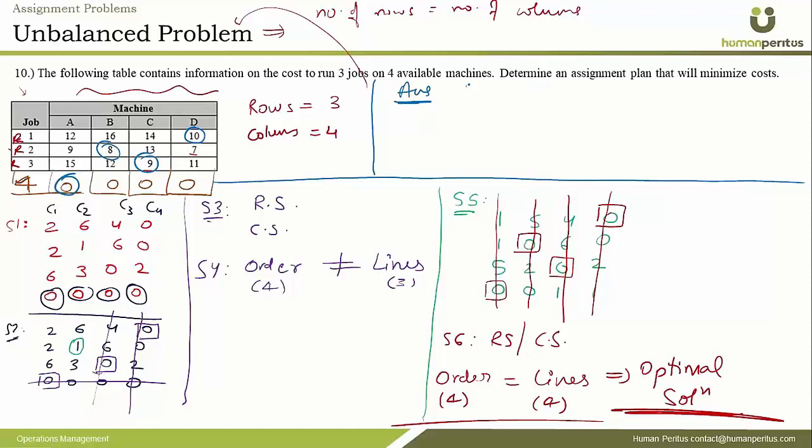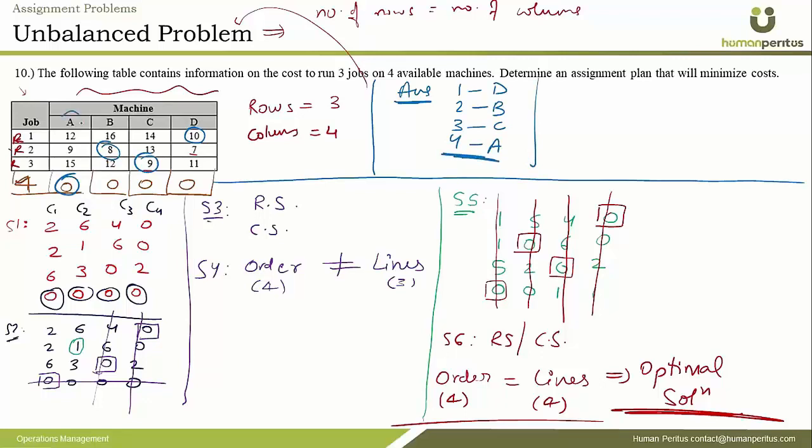Sorry, 1 has been assigned to D. 2 has been assigned to B, 3 has been assigned to C, 4 has been assigned to A, right? So what does it mean that 4 has been assigned to A?